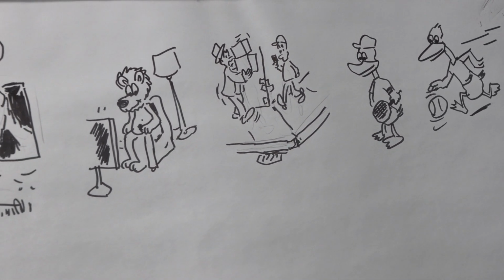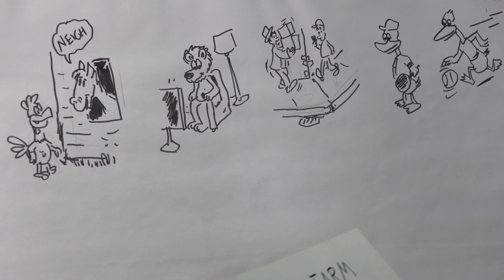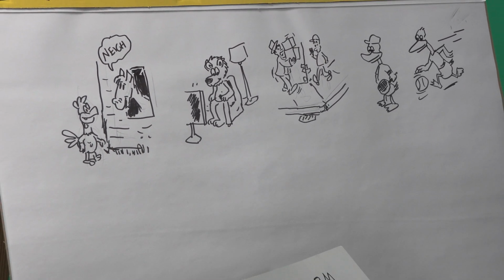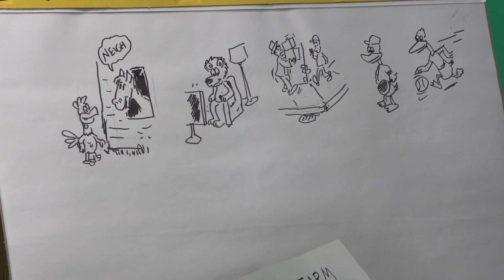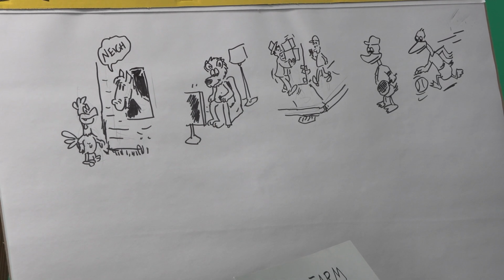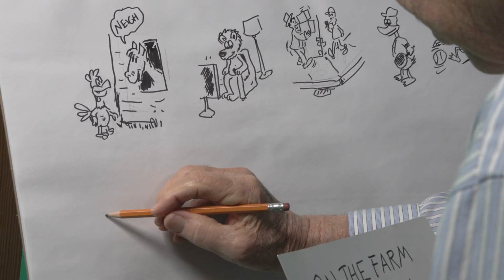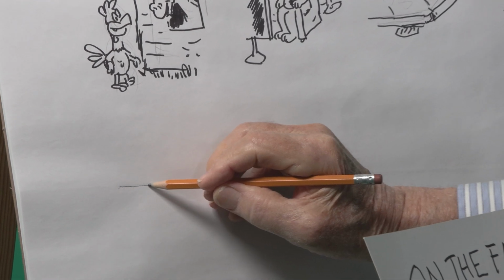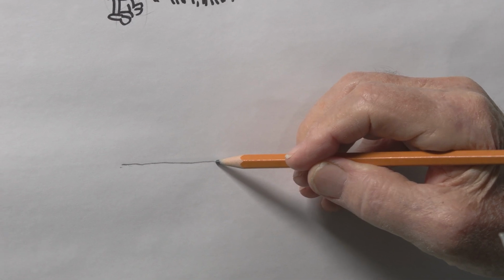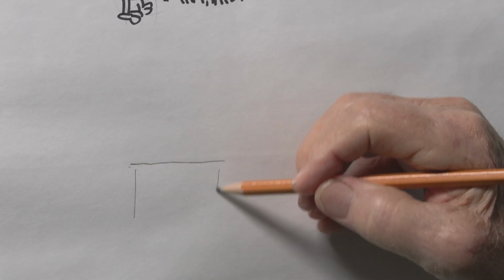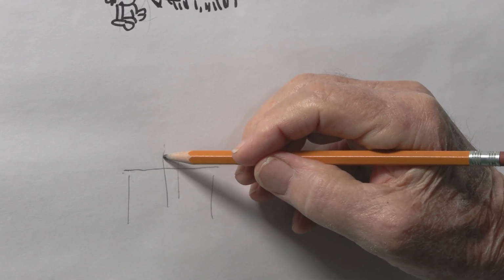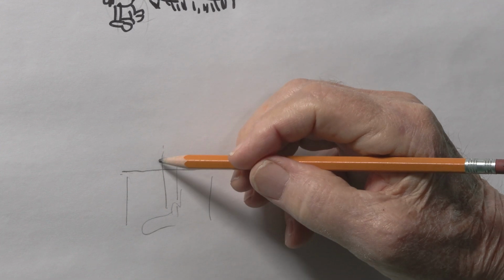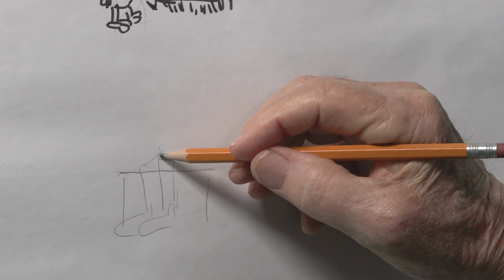Now in the park is another situation where it's helpful to use pencil lines. And what I'm going to show here is someone enjoying a beautiful day in the park, and he's sitting on a park bench.